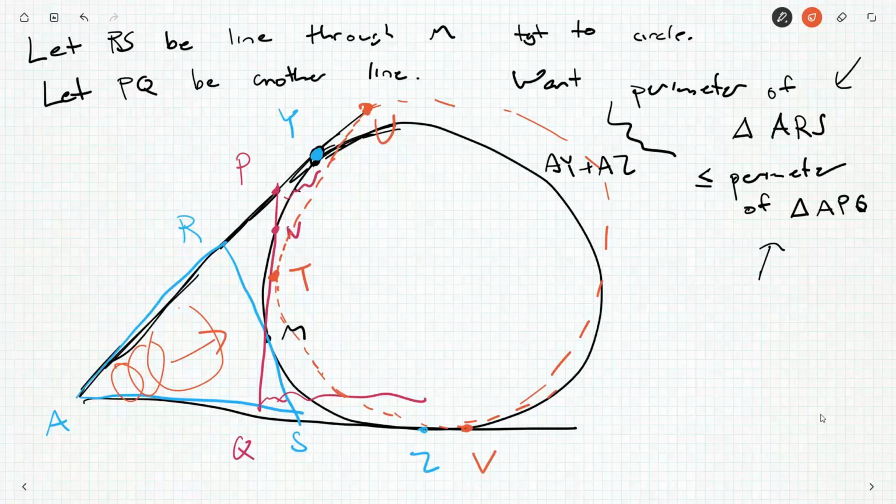And we'd want to show that U and V are strictly further away from A than Y and Z. Would that work?